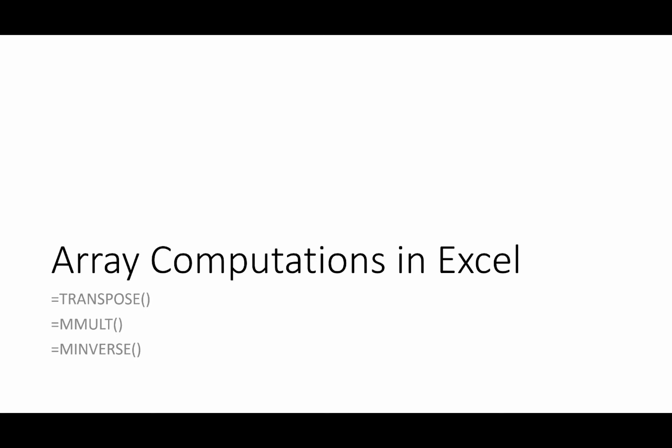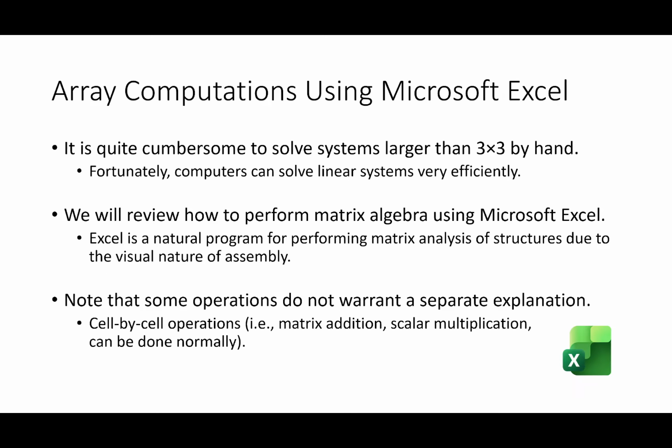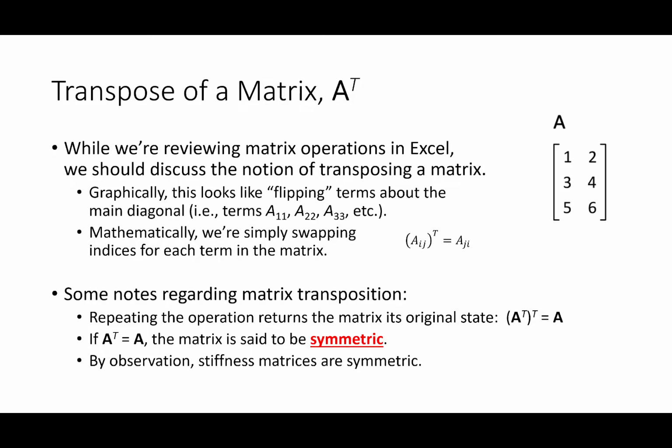To be clear, we're not going to use transposition today, but we'll use that when we come back from break. Excel is really nice for matrix analysis, as we're going to see, because this is a very visual process, specifically the assembly part of matrix analysis for structures, and in Excel that works very, very nicely.